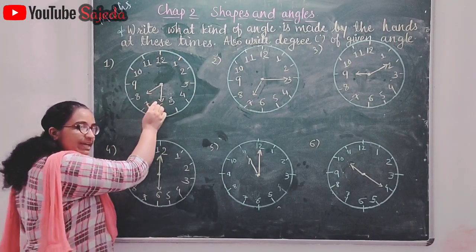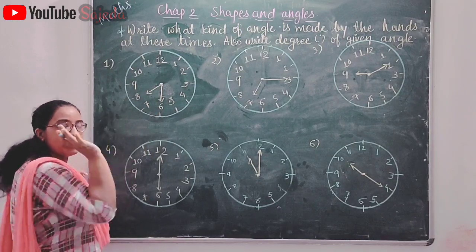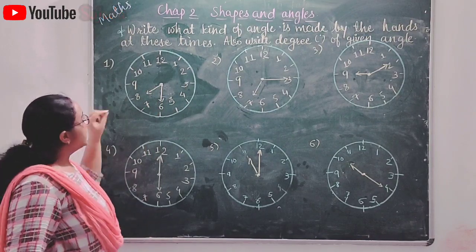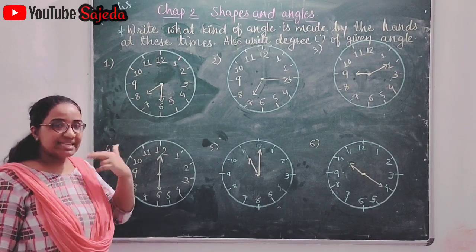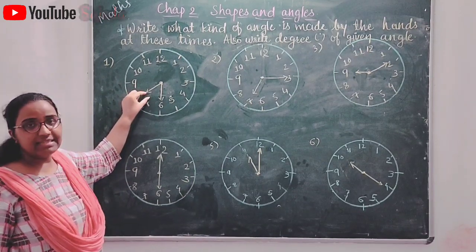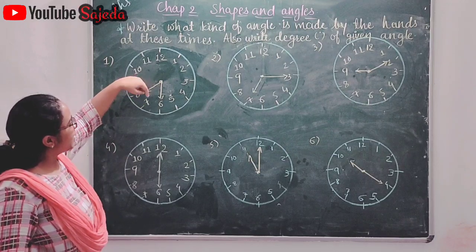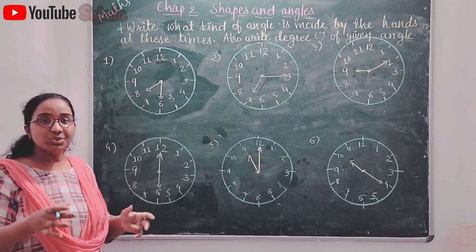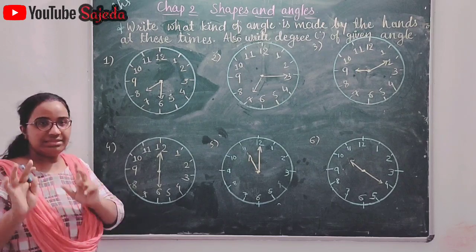You have to identify the angle formed by these 2 hands at particular time, and also you have to write the degree of this angle. That is very easy. As I explained to you, between each 2 digits it forms 30 degrees angle. So you just have to draw a line between each 2 digits and calculate it by adding 30, 30, 30.